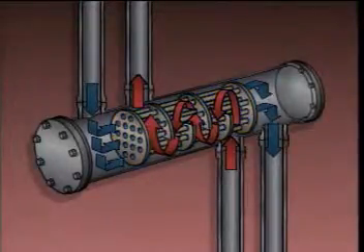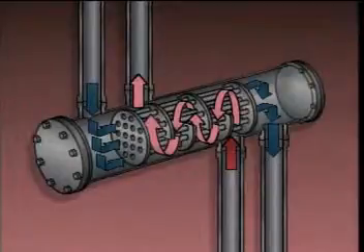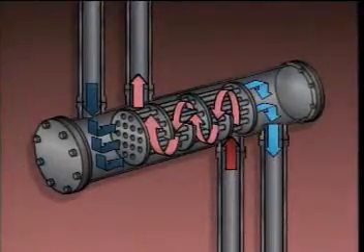The thermal energy that's transferred out of the process liquid causes the total energy in the process liquid to decrease. And since the same amount of thermal energy goes into the cooling water, the total energy in the cooling water increases.